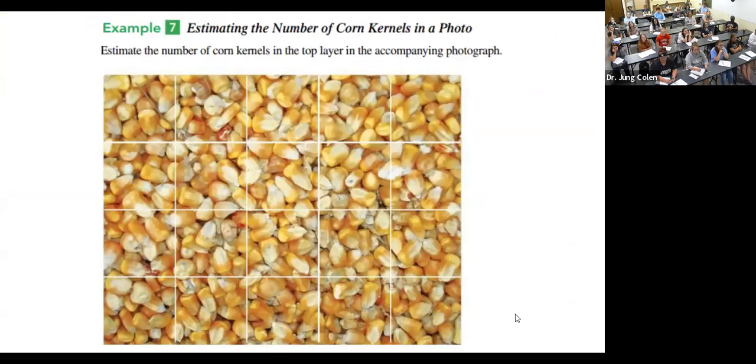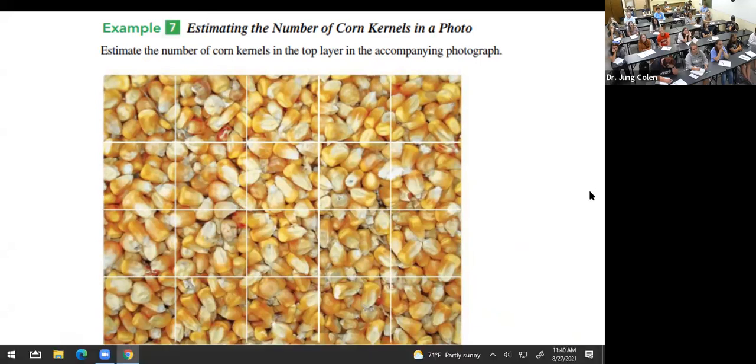So we can use estimation in a lot of cases. Okay, now if you are given corn kernels like this, can you estimate the number of corn kernels in this photograph? Does anybody have any idea how to estimate the number of corn kernels?